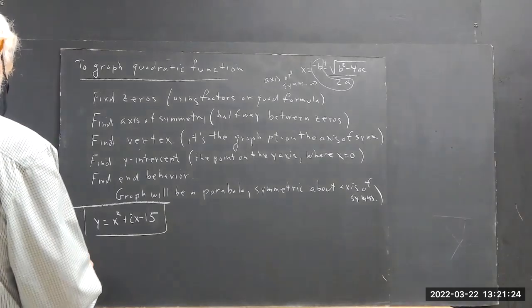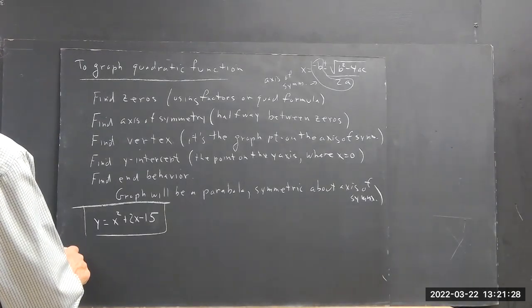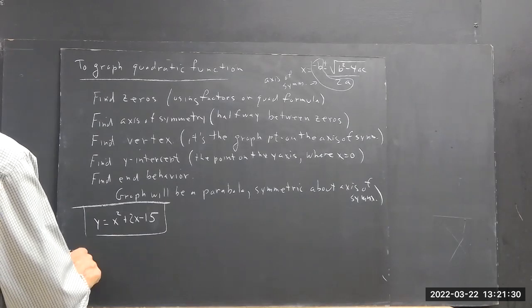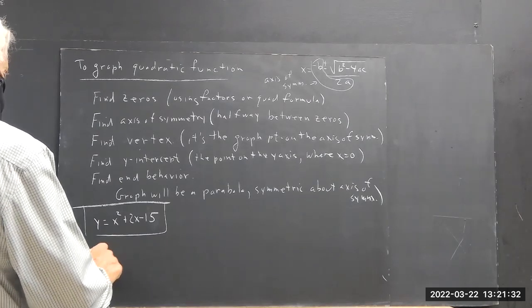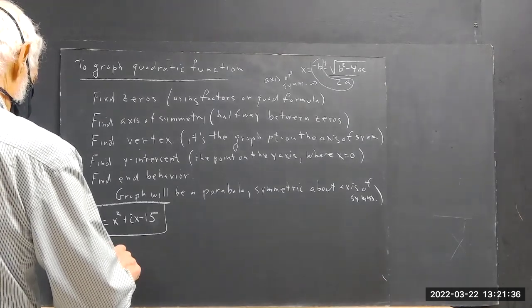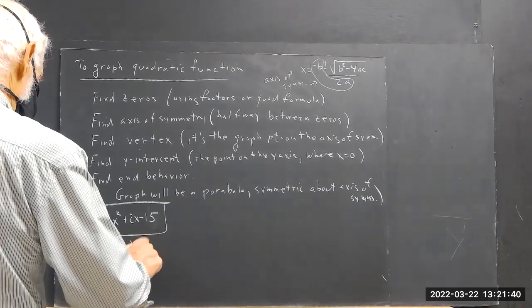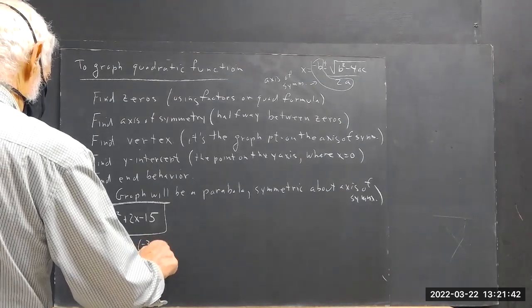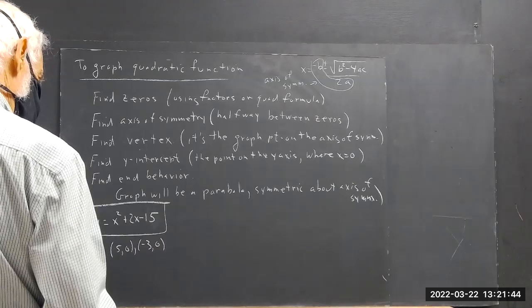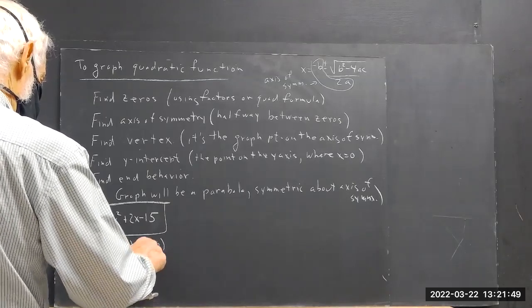So anyhow, the zeros are negative 5, 0 and 3, 0.